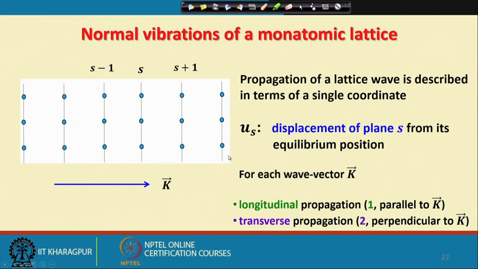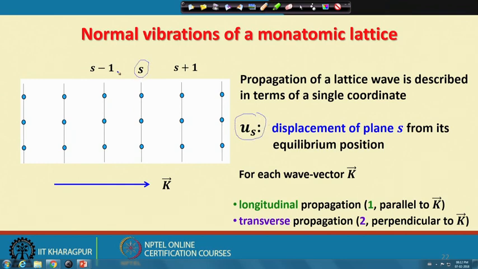By choosing to represent the situation in this direction, I can describe the propagation of the lattice wave in terms of a single coordinate, which is shown here as u_s. If this is my sth plane, this is the neighboring plane, the s minus 1th plane, and this is the neighboring s plus 1th plane.